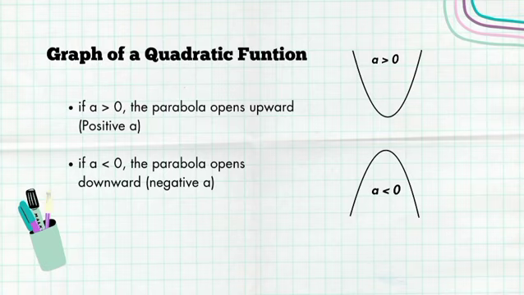If a is positive, the graph opens upward. On the other hand, if a is less than 0, or a is negative, the graph opens downward like this. Now let's move on to the next topic.